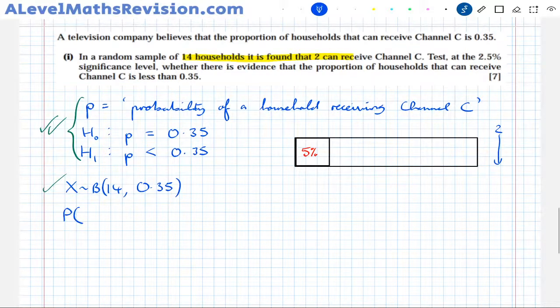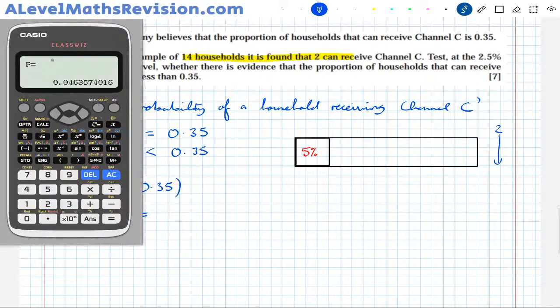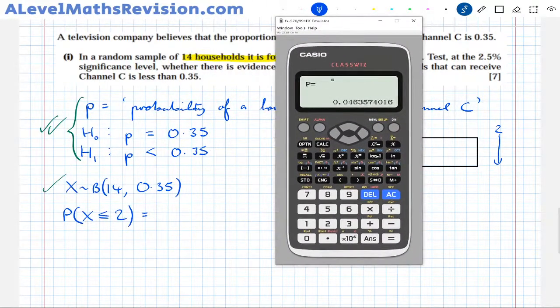So the amount of probability to the left of it, probability that x is less than or equal to what we observed, 2. We're going to use this to try and place this 2 here on the diagram. So the probability that x is less than or equal to 2 in a distribution of 14 trials and a probability of success of 0.35.